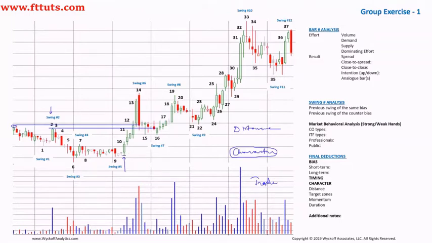Look at the spread of this bar, bar number 10. Here it is. What would be a comparable analog bar to that? Maybe bar number 7. What other bar would be an analog bar? What do you think, Rick?